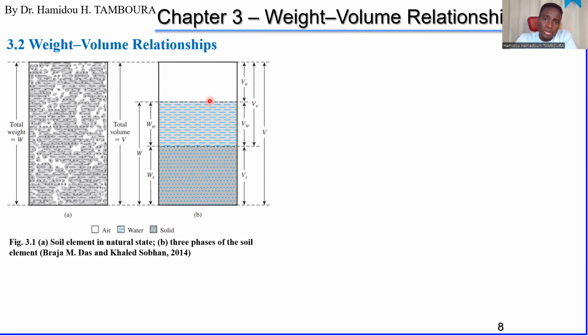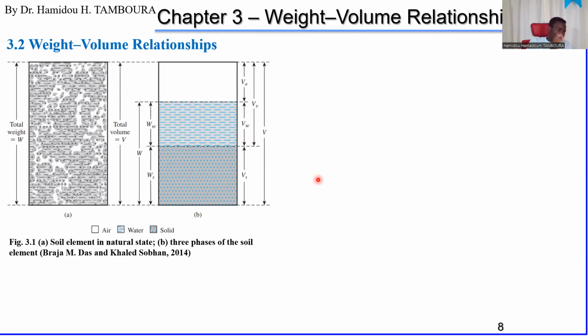So if we take the volume of air plus the volume of water plus the volume of solid, we will get the total volume of our soil sample, right? And if we consider that the void in the soil is the volume of water plus the volume of air.